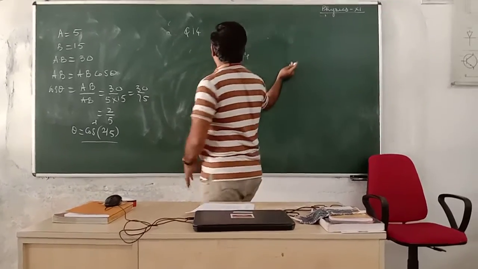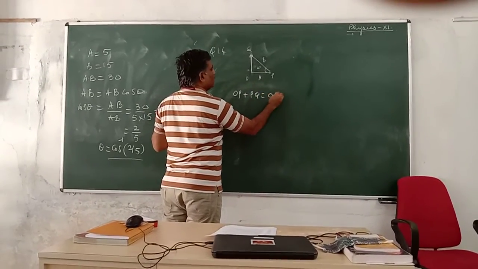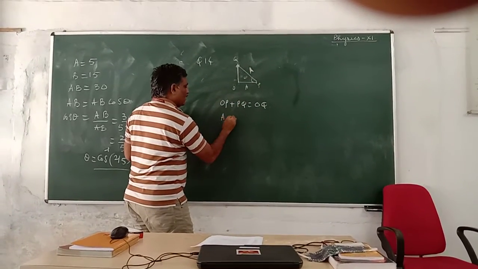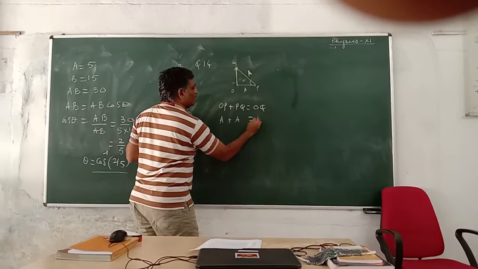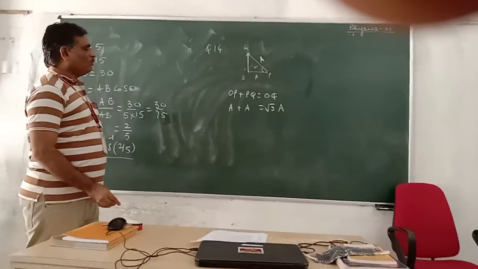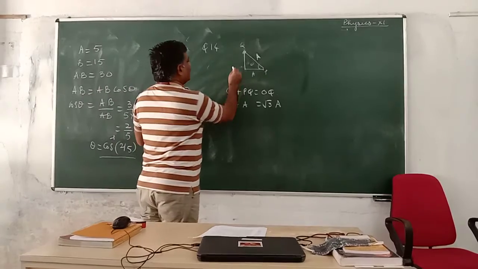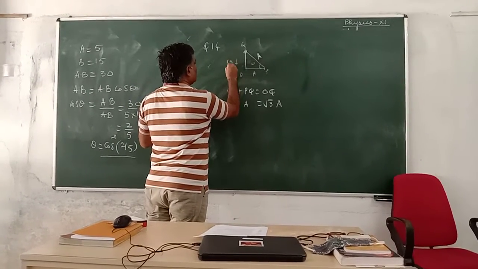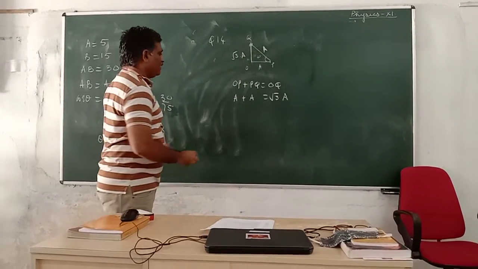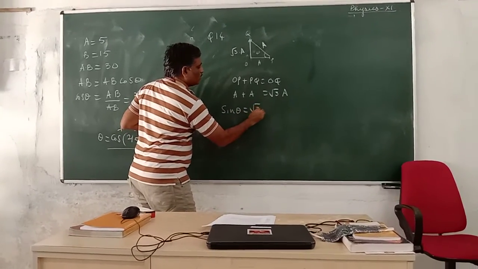From the figure we can easily say that OP plus PQ is equal to OQ. This is A, this is also A, and these two are A plus A, which is equal to root 3 times A. So we get it here. Ratio of the opposite side by the hypotenuse, that is sine of theta, is equal to root 3.